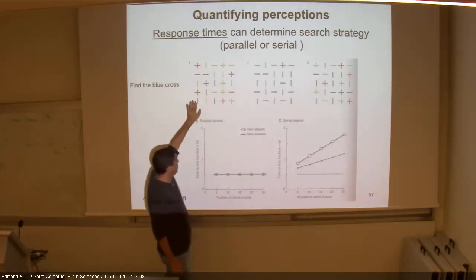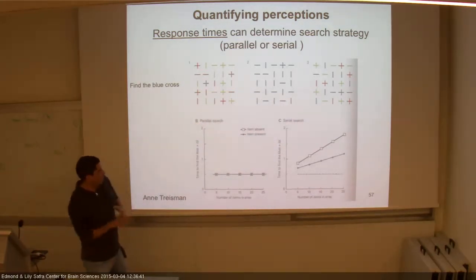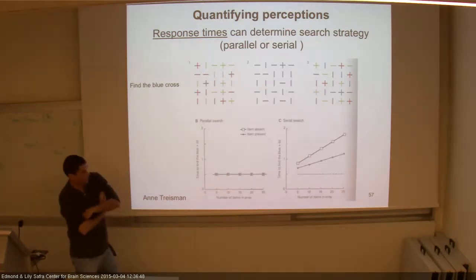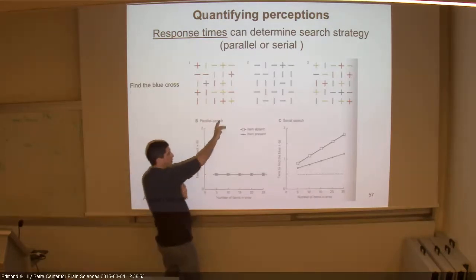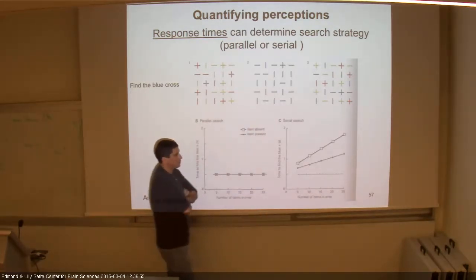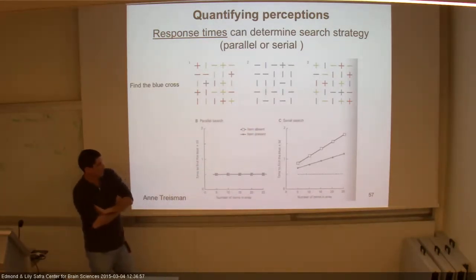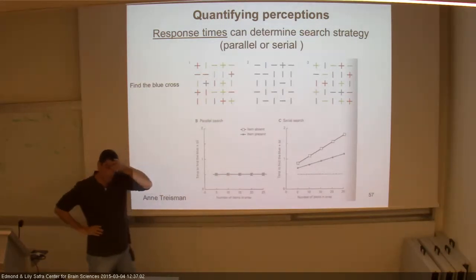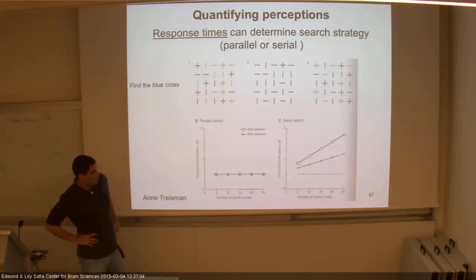Of course, here the blue pops out also, especially because of its color, and it's easy to find the blue cross popping out. This is a little bit more difficult because the cross is only different in the structure and not the color, and the last one is more difficult because it's combining both structure and color.